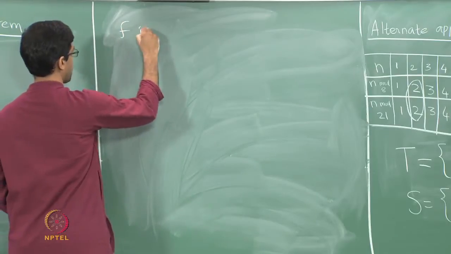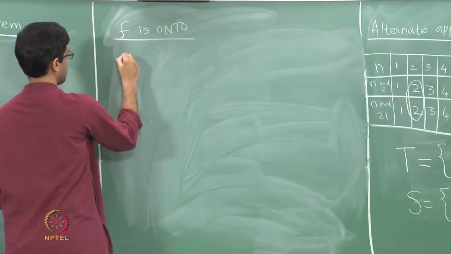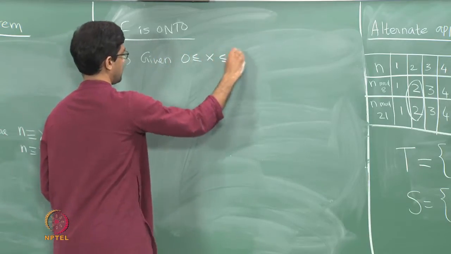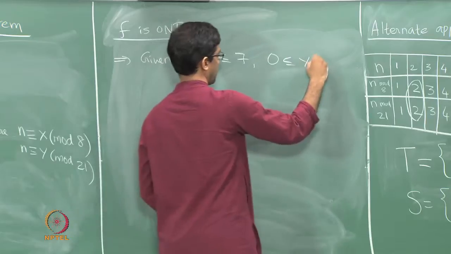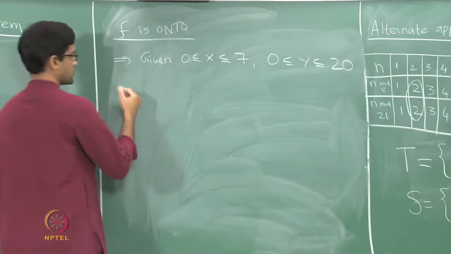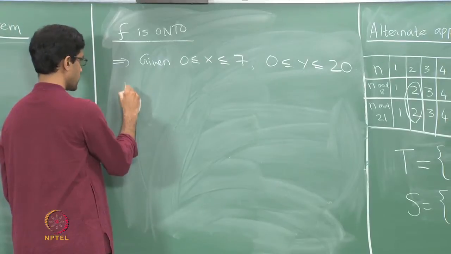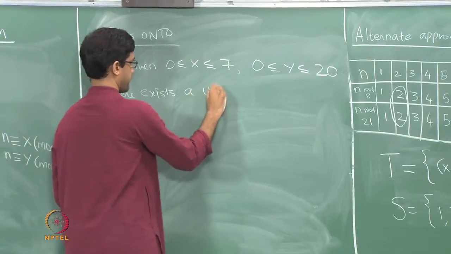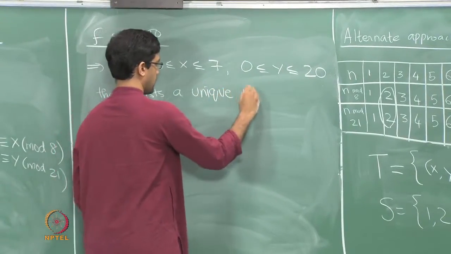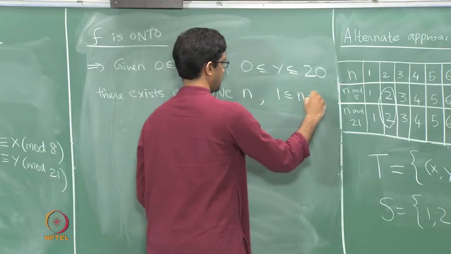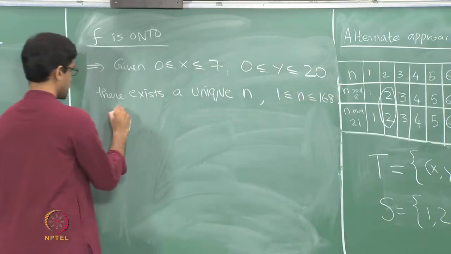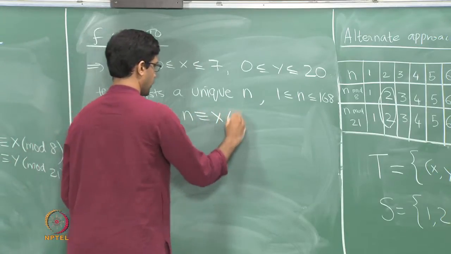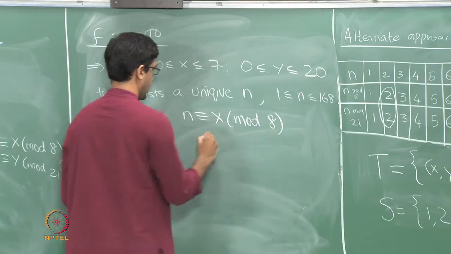So conclusion, f is onto implies the following: given any x and any y between 7 and 20 respectively, there exists a unique number n between 1 and 168 such that n is congruent to x mod 8 and y mod 21.